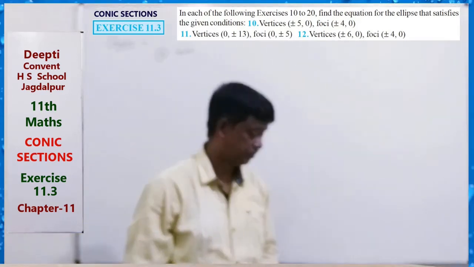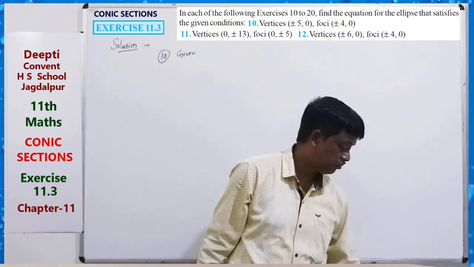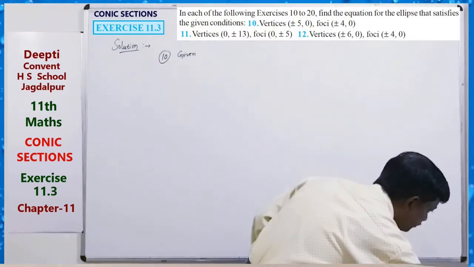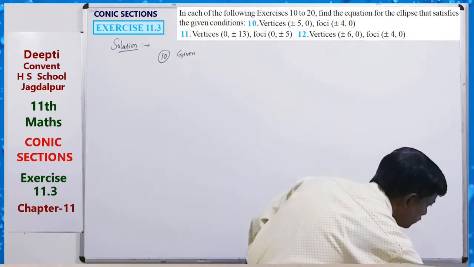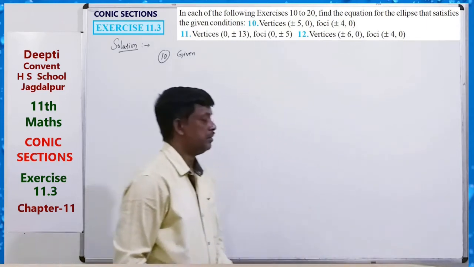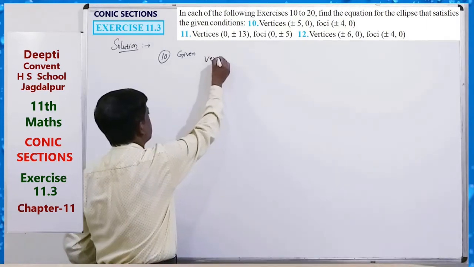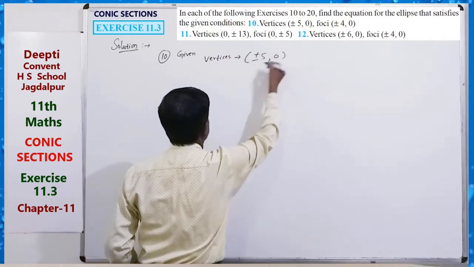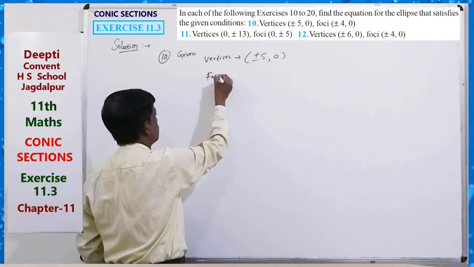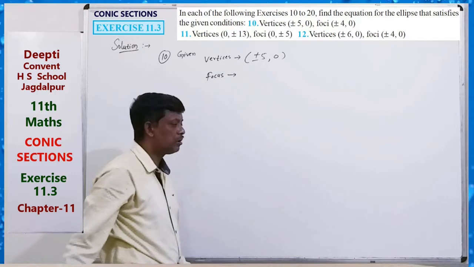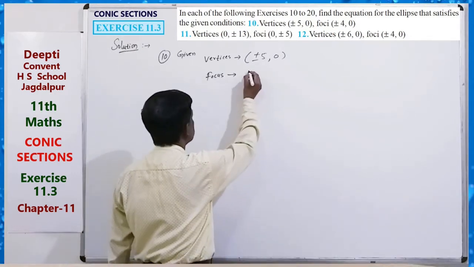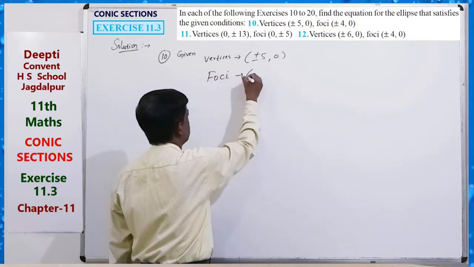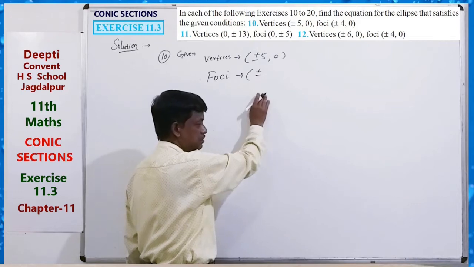You have to write in detail. Okay, vertex is given plus minus 5, 0. And foci, F-O-C-I, is given as plus minus 4, 0.